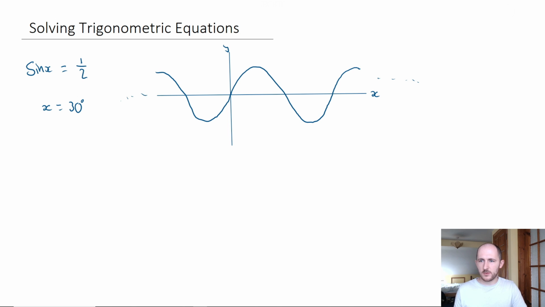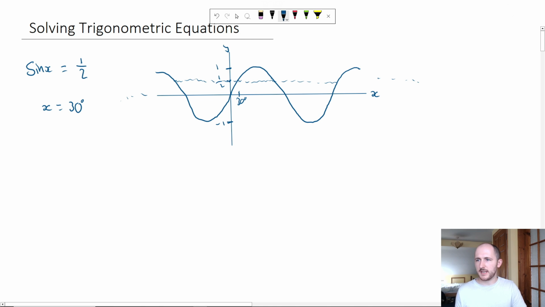If you remember, it varies between 1 and -1. So let's say a half is over here. This value here is 30 degrees. However, it also hits a half over here, and then over here, and also over here.